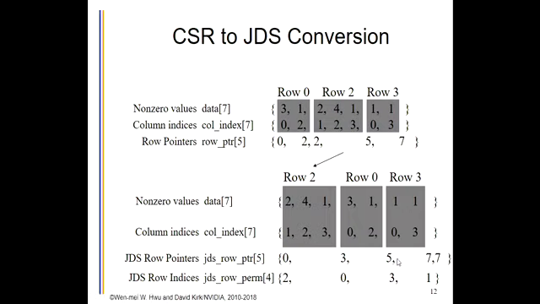So these values now reflect the beginning of the new rows in the matrix. On the other hand, these numbers are the permutation indices that give you the original row number in the CSR representation. So this tells you that originally I was really row 2, and that number will be used to write into the right Y element. Okay, so this is the JDS format.